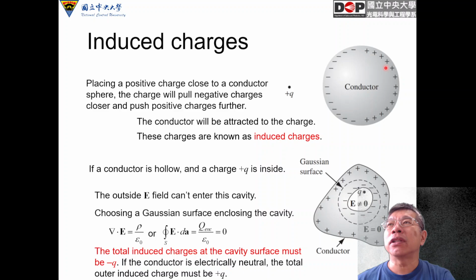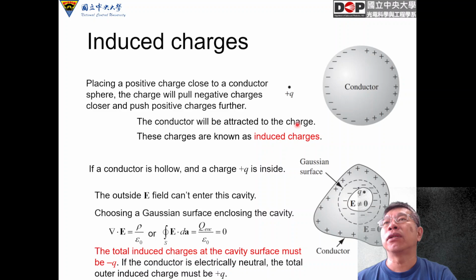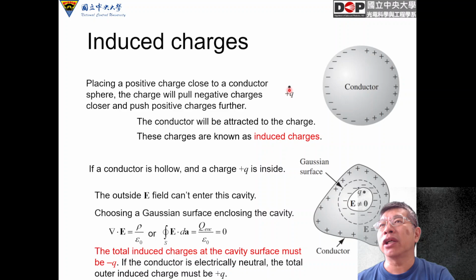The charge with the same sign will go the other way, to the other side of the skin of the conductor. So negative charge is closer and positive charge is further. The conductor is attracted to the charge, because the charge will try to get closer to the free charge. These charges are known as induced charge. They are not there if there are no exterior charges.